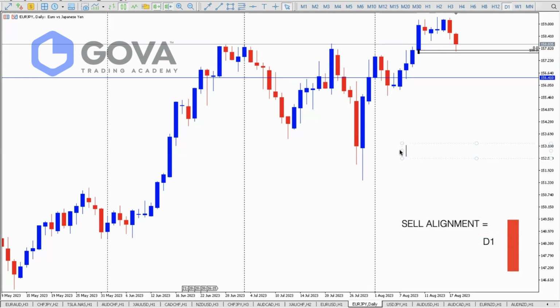But in a buy alignment, we look for a bullish candlestick on the D1. Okay, so that is how it works.